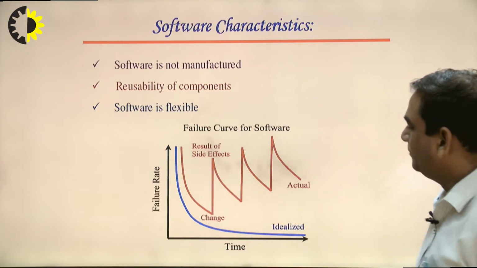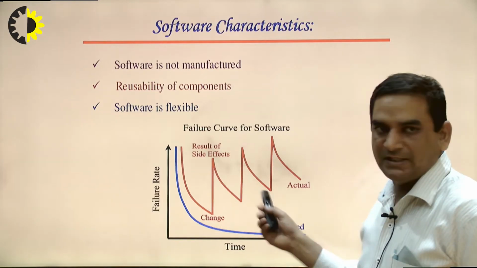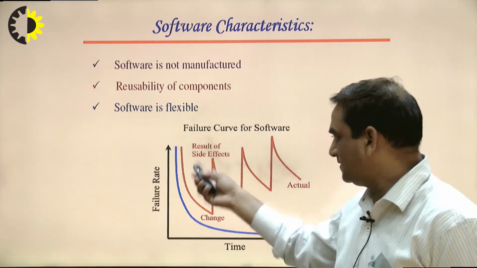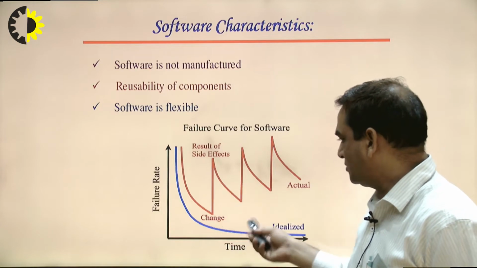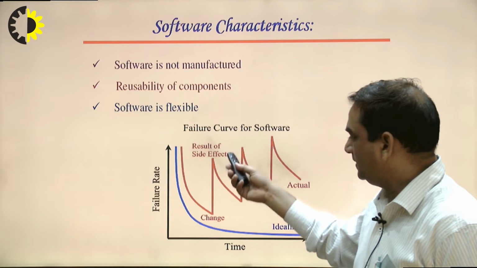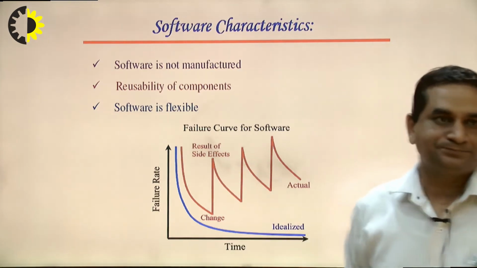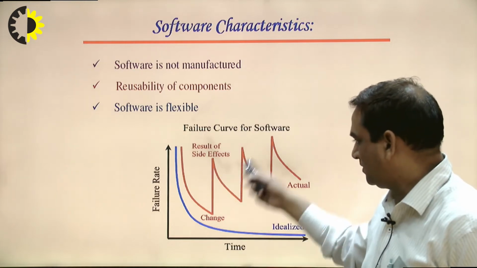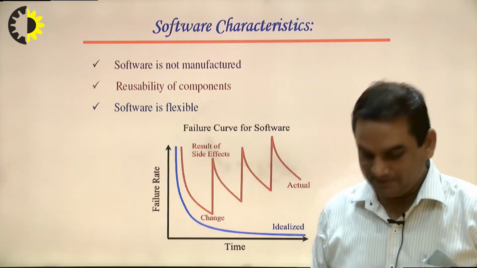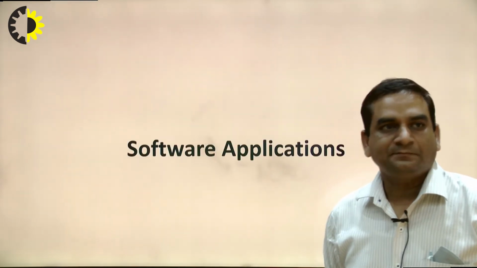But due to the occurrence of changes, the curve will actually be this type, as a result of side effects. So this is the actual curve and this is the idealized curve for the software failure rate.